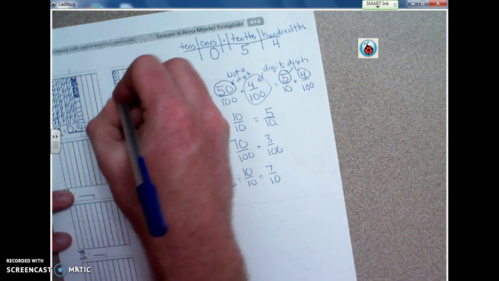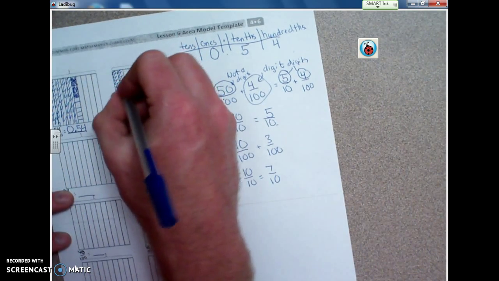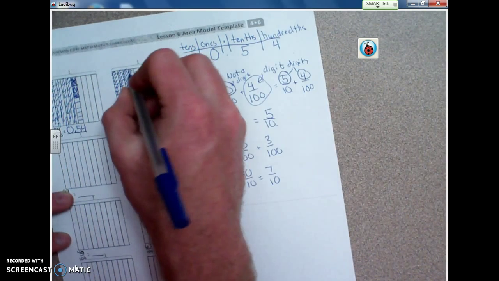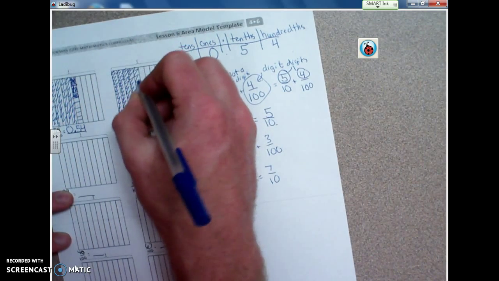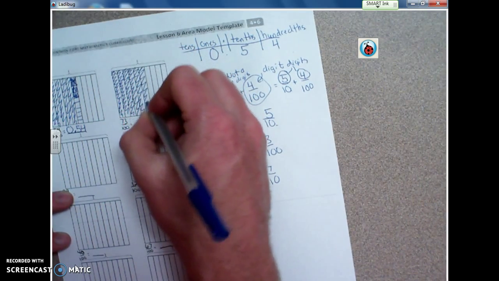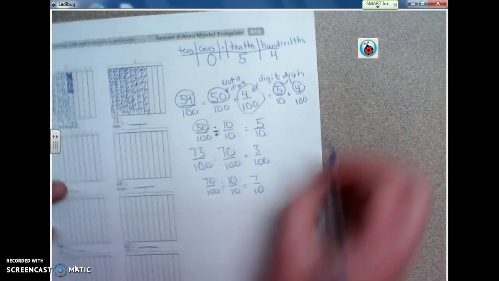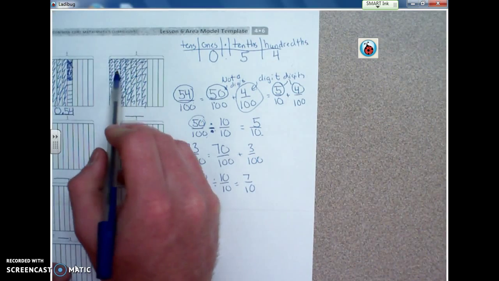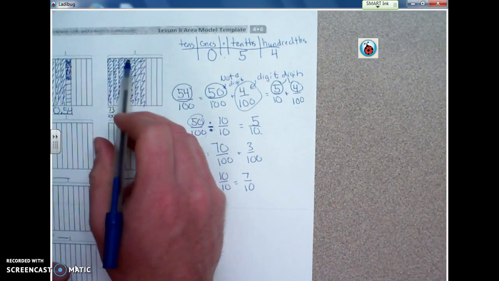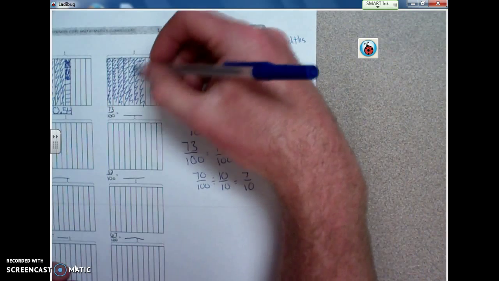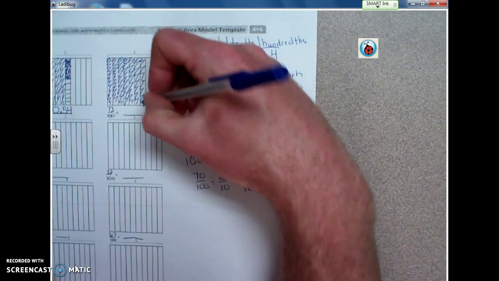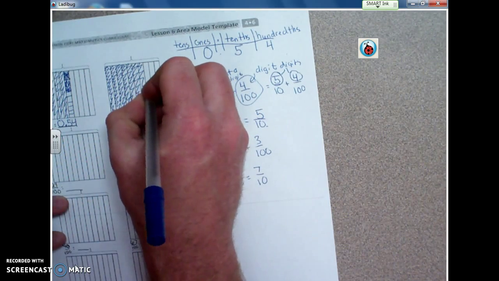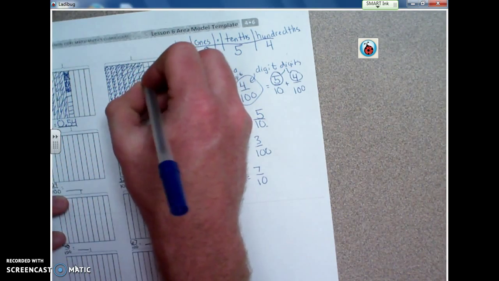So I'm going to come up here and shade in 1, 2, 3, 4, 5, 6, 7 tenths. And if I think of this as hundredths, that would be 10 hundredths, 20 hundredths, 30, 40, 50, 60, 70 hundredths. I have 73 hundredths, so I have to go and break this into hundredths again.